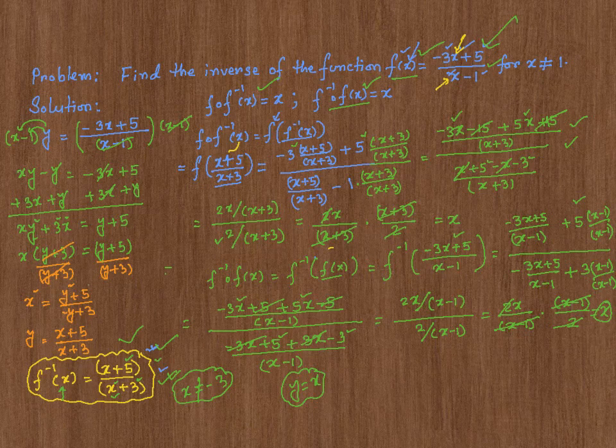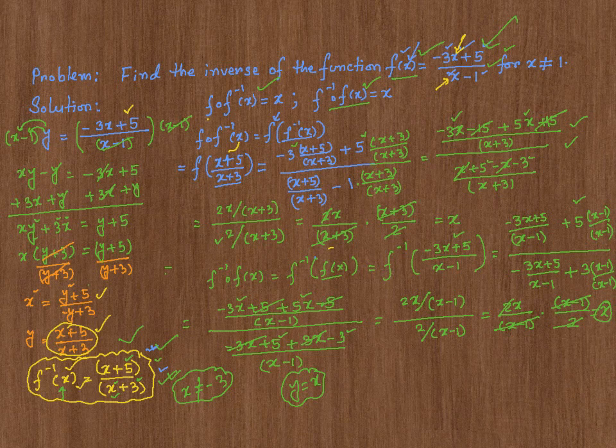To find the inverse of this function, we set the y value to this given function and then solve for x. We did that here, then switch the x's and y's, and we get a new function which is this, and we claim that this is our inverse function, and we label it as f inverse of x as we do here.